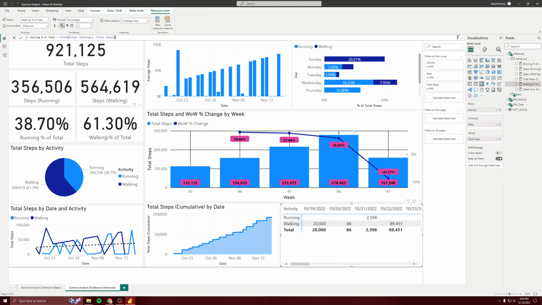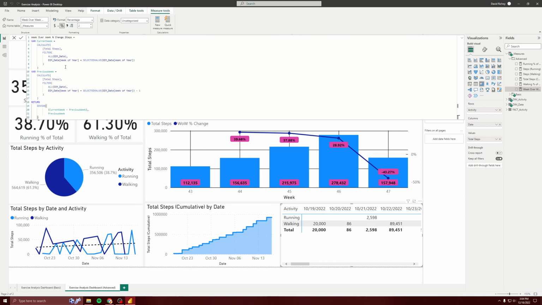Walking percent of total is the same as the running percent of total, and then the week over week change in steps is probably the most complex measure. We're declaring these two variables, current week and previous week. We're calculating the total steps, filtering down by the dates and the week of year, and getting a selected value of it.